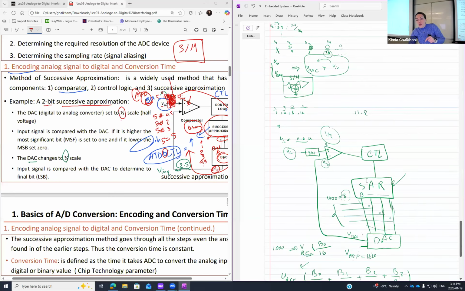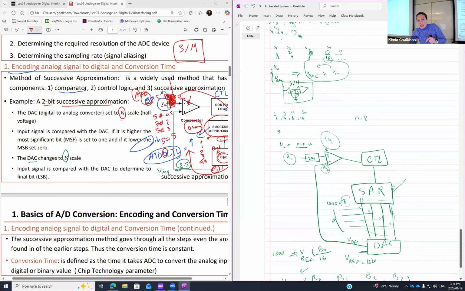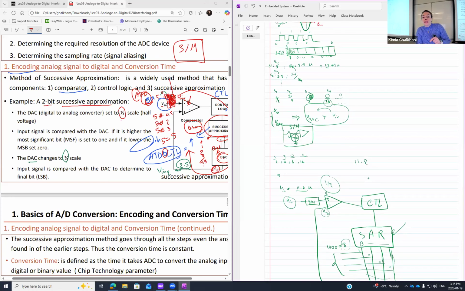That's why in here I told you, remember I mentioned it right in here, I leave this empty because each time it might be different. In here it is 3 because I had 2 bits. Since I had 2 bits, first it was 1/2, next it became 3/4 because it was 2 bits.